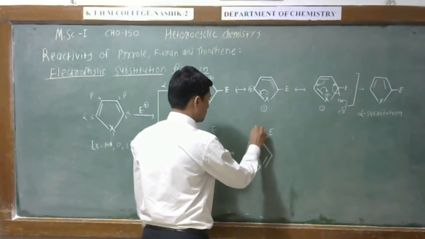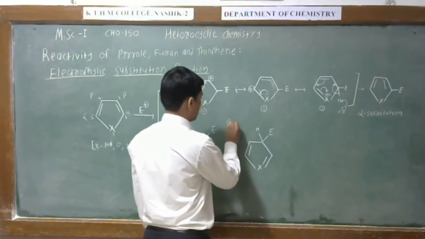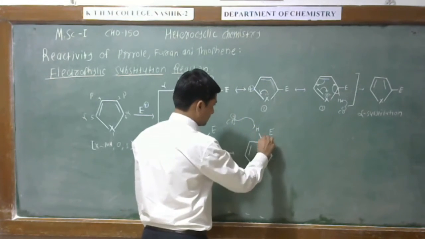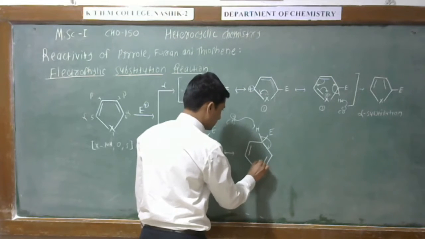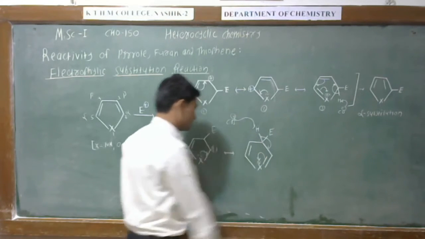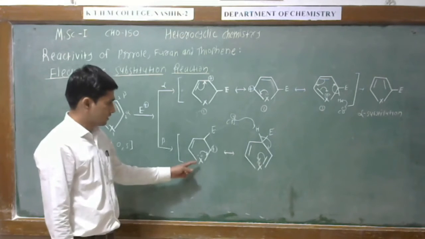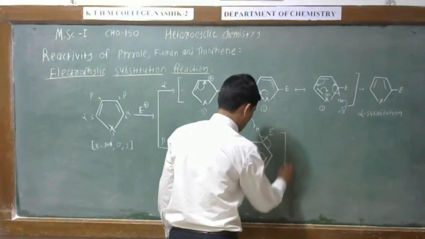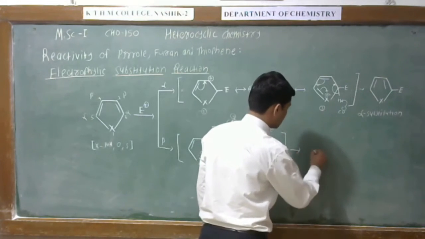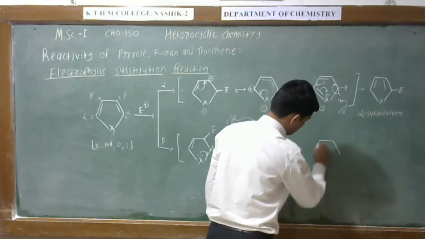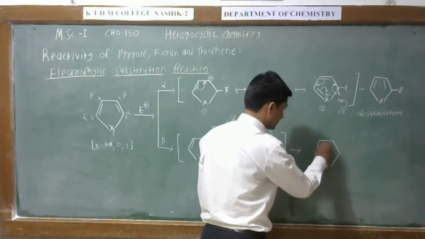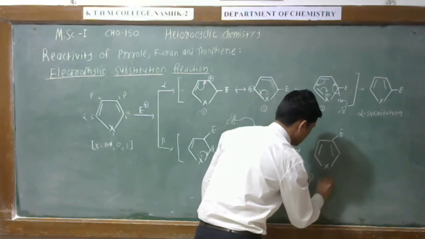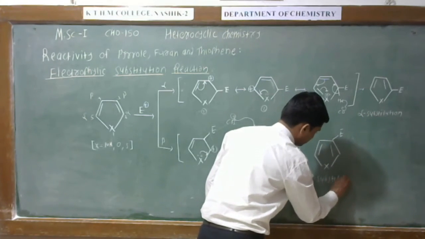Now the conjugate base can take this hydrogen, this bond shifts here, this double bond neutralizes the positive charge generated after donation of the lone pair, and hence we get the final structure. This is X, and this is the beta substitution.